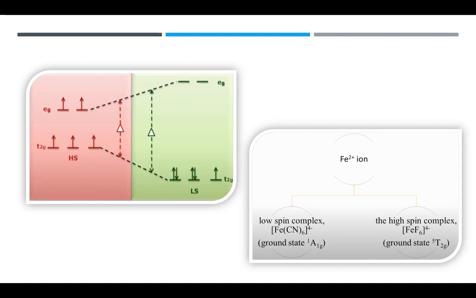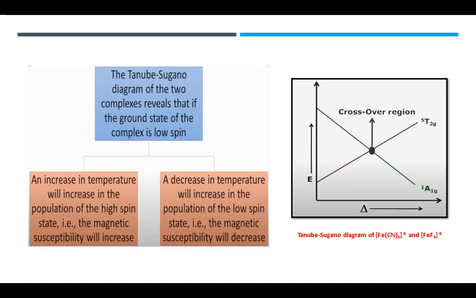Consider the low spin complex, hexacyano-iron 2+ complex, and the high spin complex, hexafluoro-Fe2+. The Tanabe-Sugano diagram of the two complexes is shown here.